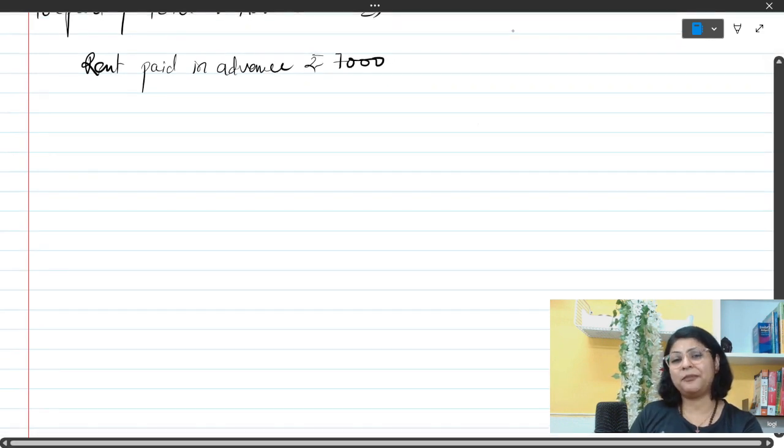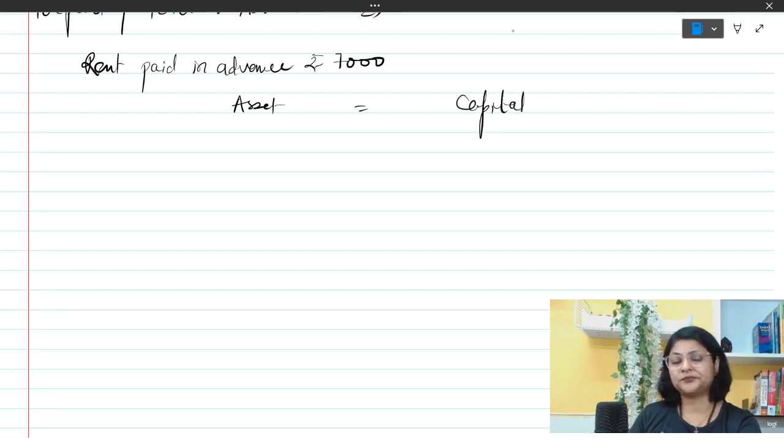If we have paid rent in advance, on the asset side we will have two sub columns. One is cash and another column is prepaid expense, or you can write prepaid rent also.